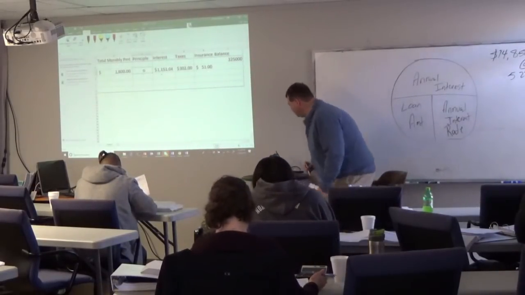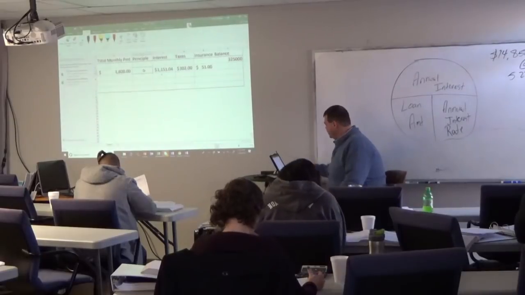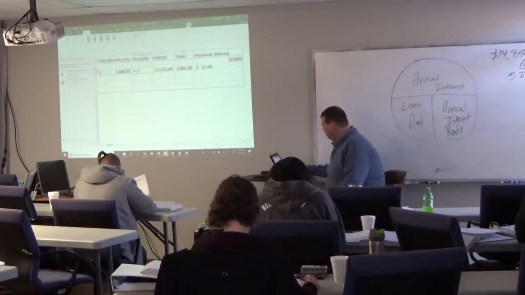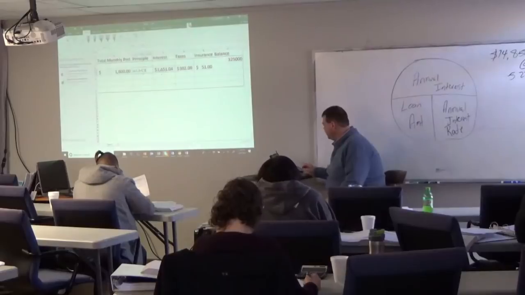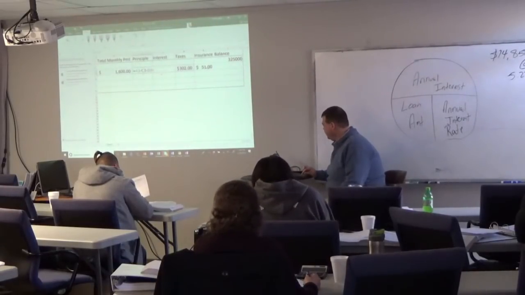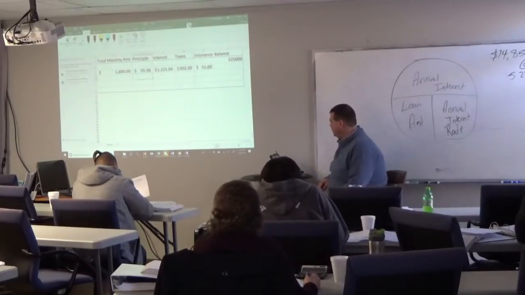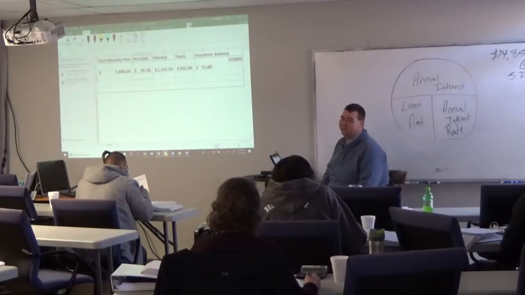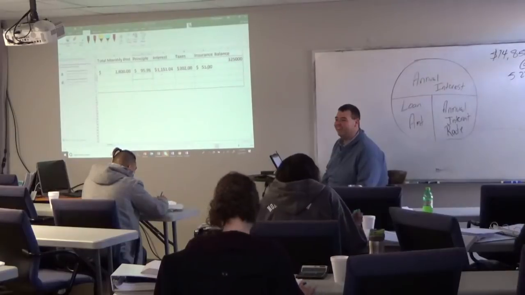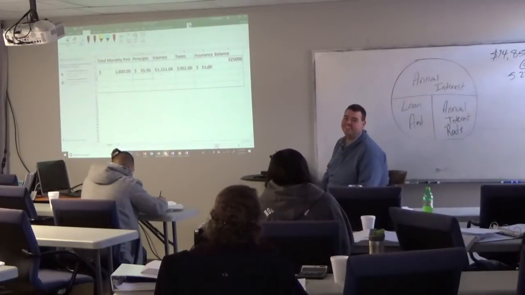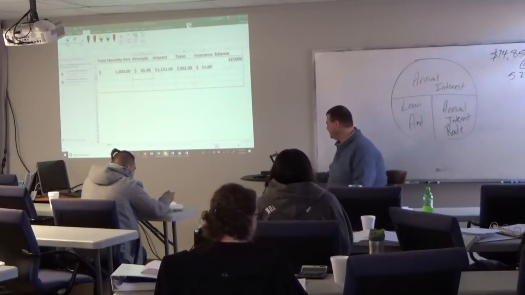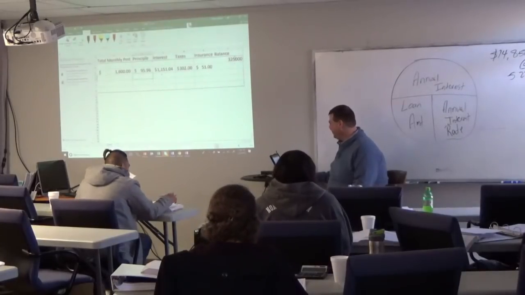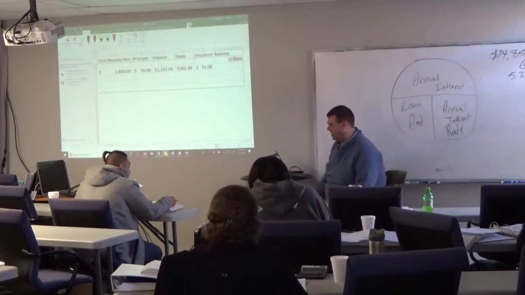I'm going to take the interest out first, so that 1,600 minus my interest, minus my taxes, minus my insurance, and I come up with a whopping $95.96 going toward my principal balance in that first month. Isn't that lovely? That's beautiful out of $1,600, isn't it? Welcome to the wonderful world of a 30-year mortgage.